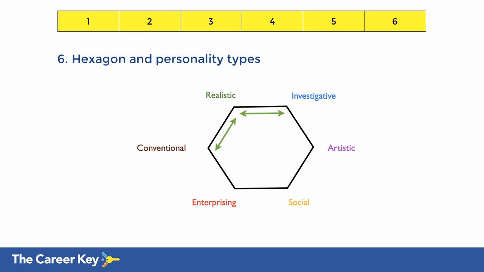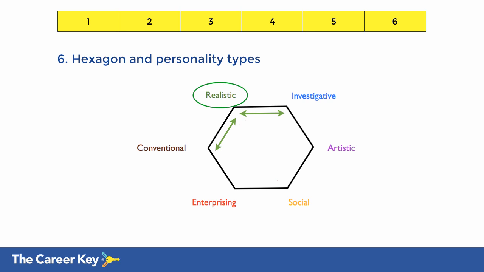And finally, the 6th idea: the relationships between the personality types and the environments can be shown by a hexagon. The closer the personality types are on the hexagon, the better they fit together.